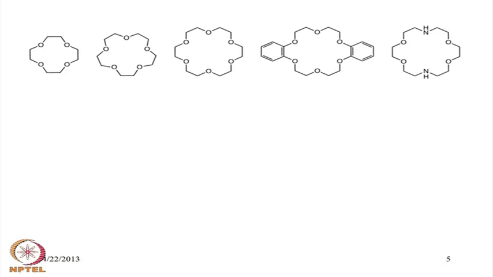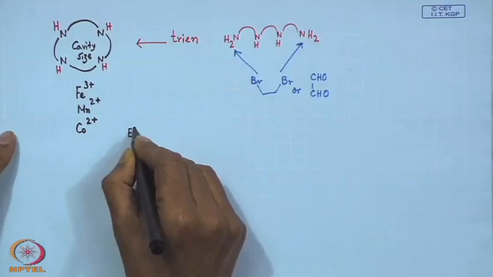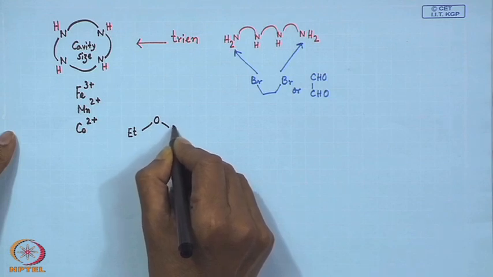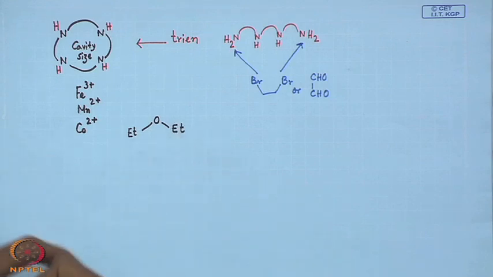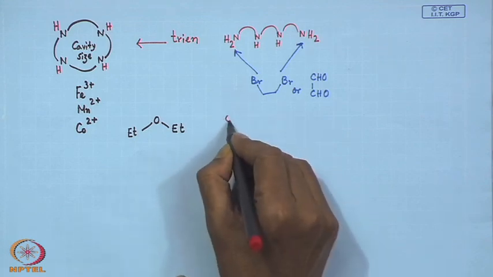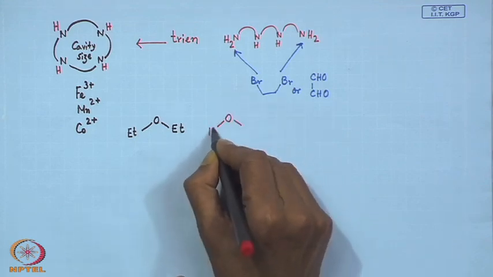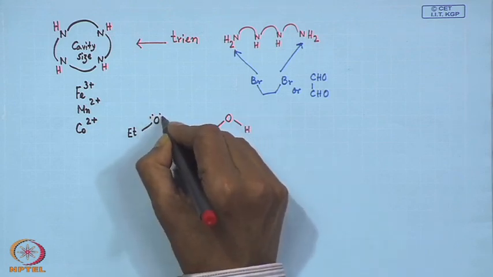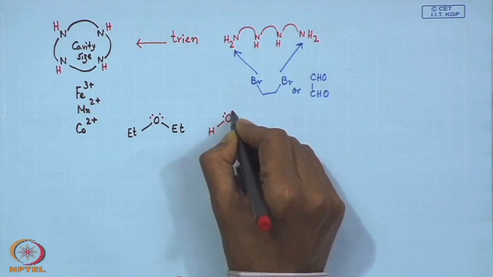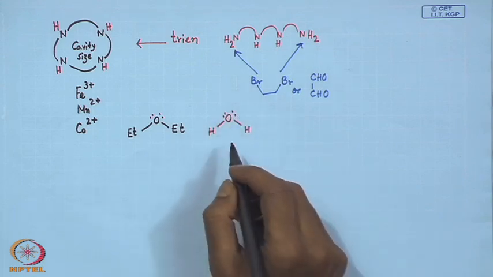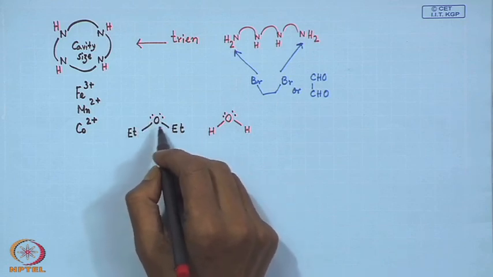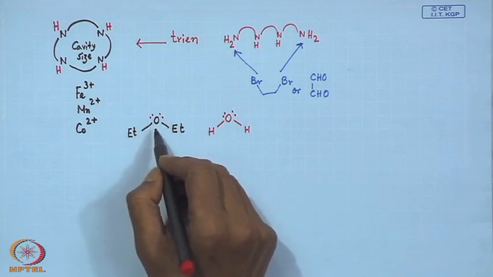So, if we have the ether, say diethyl ether, and if we just compare this diethyl ether with that of our water molecule. So, we all know this water molecule. So, these lone pair of electrons on ether and water molecules are available for coordination, but this binding is not so strong, which is weak coordinating to the metal center.